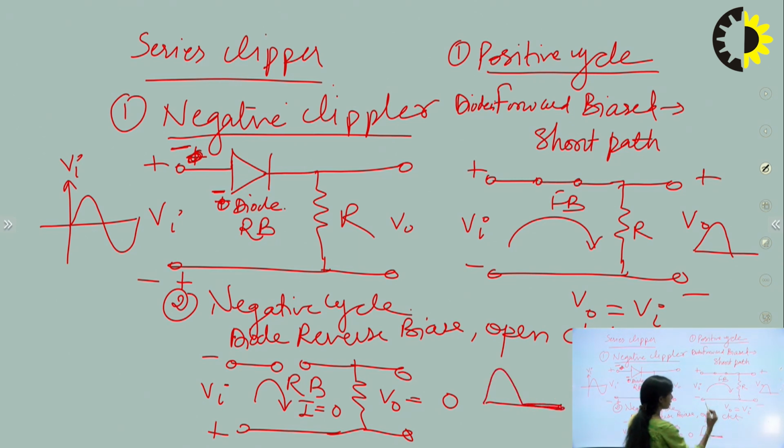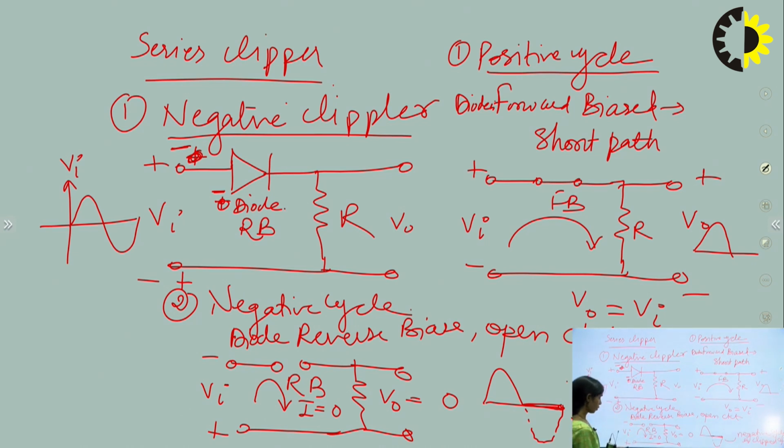The negative cycle is clipped off. That's why it is called a negative clipper.